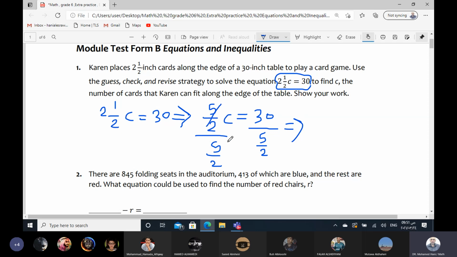So 5 over 2 divided by 5 over 2 will be 1c, which means c equals. Here we have a whole number divided by a fraction. We have a rule here. The rule says keep the same denominator, change the operation from divide to multiply, then flip, or find the reciprocal of 5 over 2, which will be 2 over 5.